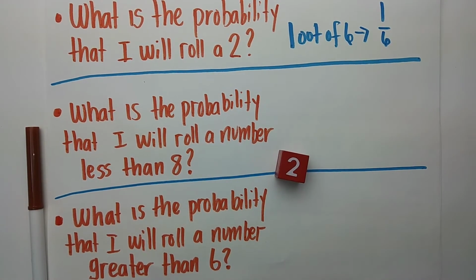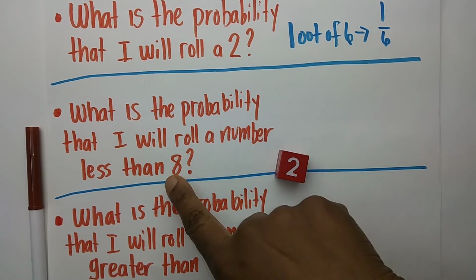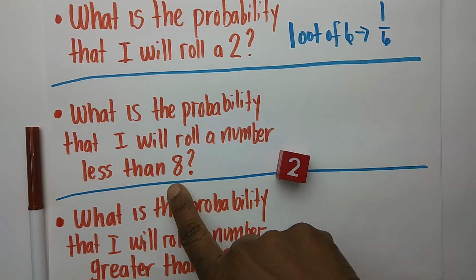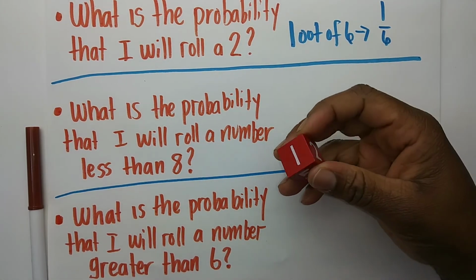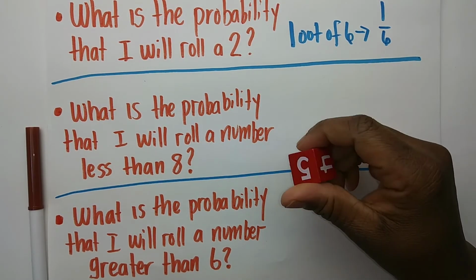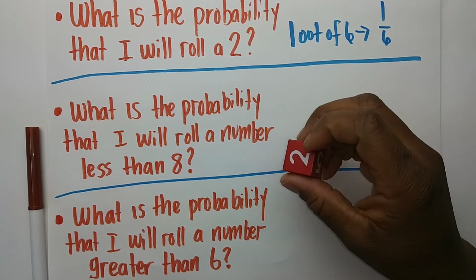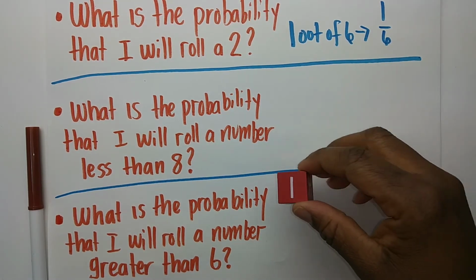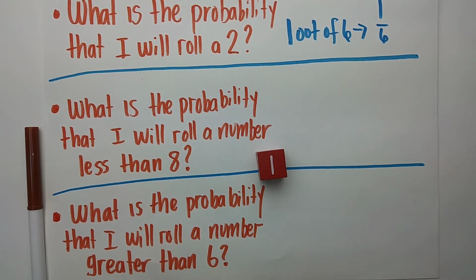If I wanted to determine what is the probability that I will roll a number less than 8, well, taking a look at this die, all 6 of the faces or all 6 of the sides are less than the number 6. So it is certain that I will roll a number less than 6.